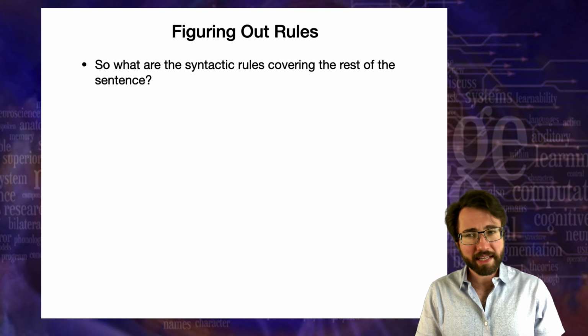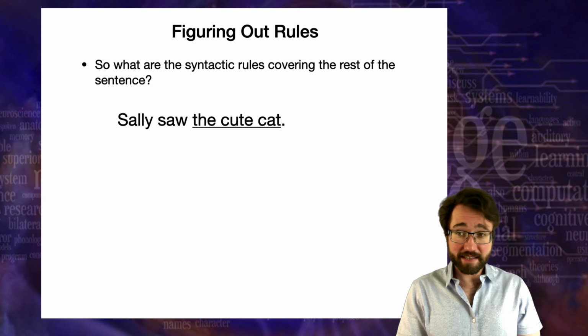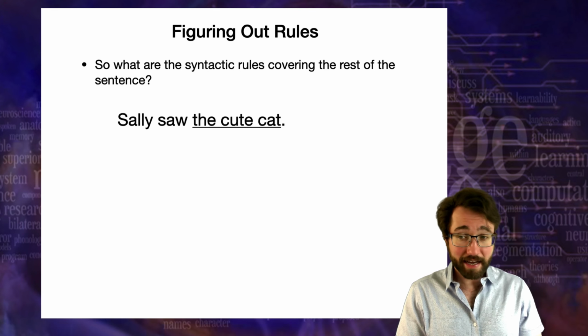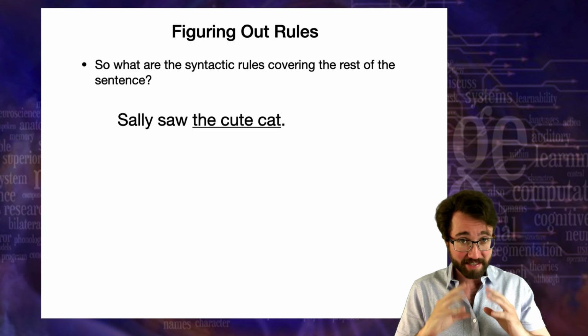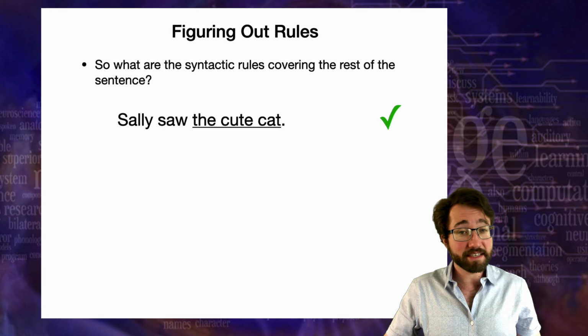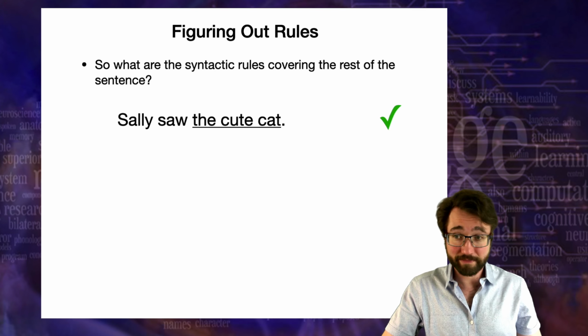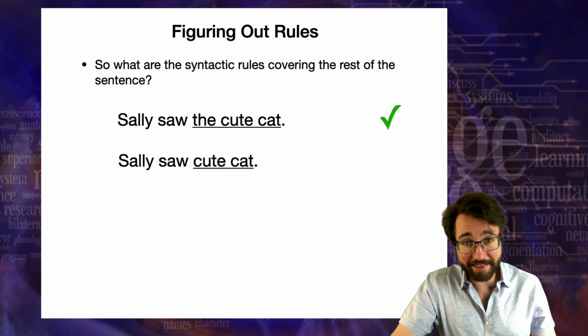So, what would be the syntactic rules that cover the rest of that sentence? Here's a sentence, Sally saw the cute cat. How would we cover the entire sentence in terms of its syntactic rules, not just the noun phrase part of it? Well, we notice that Sally saw the cute cat is grammatical. But when we say Sally saw a cute cat, that is not grammatical in English.